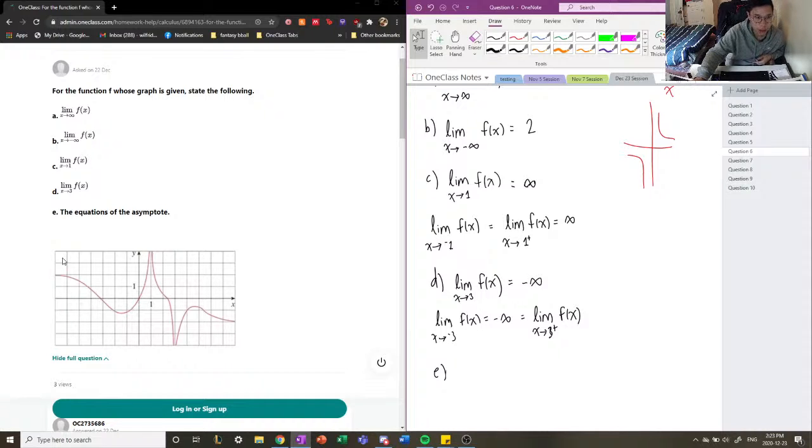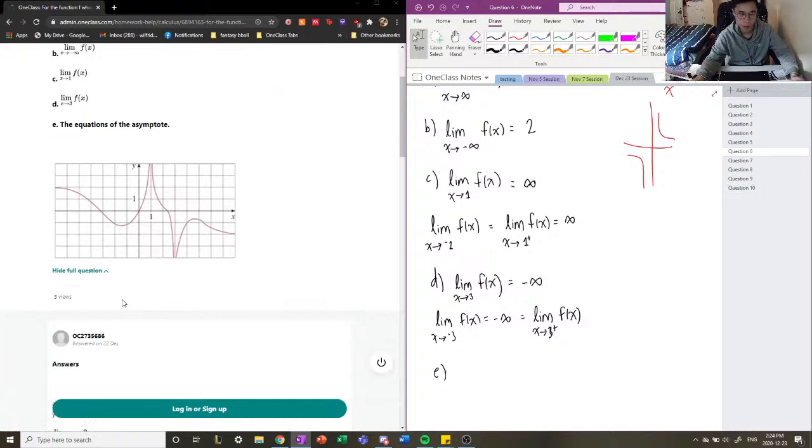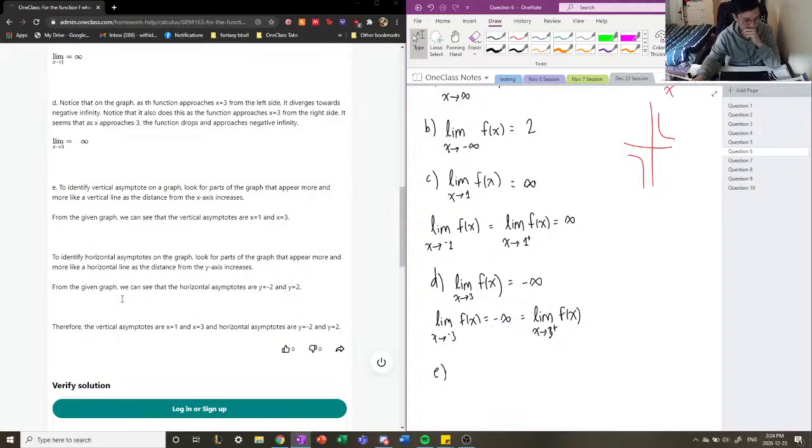While the horizontal asymptotes are parallel to the x-axis and have equations of y equals whatever the value of the horizontal asymptote is, right? So they describe the behaviors of the functions, and they describe what the functions are restricted to. So for the given graph, the horizontal asymptotes are y equals 2 and y equals -2.